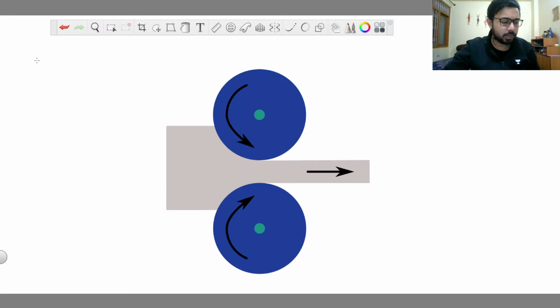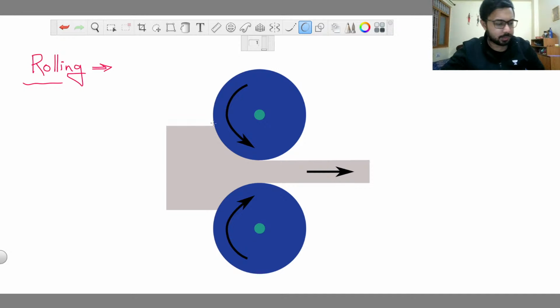So this is rolling, and here in rolling, this region is the contact length, that I am shading here so that you can properly see it.